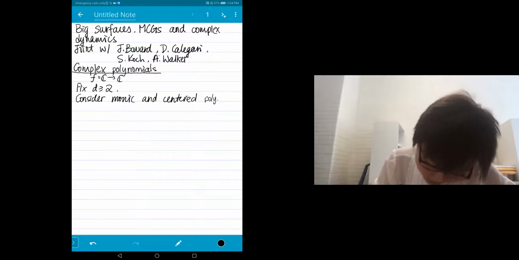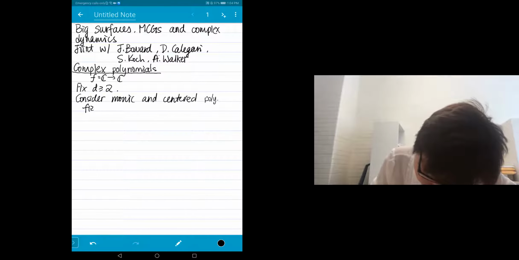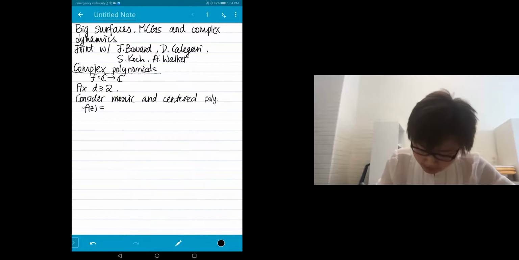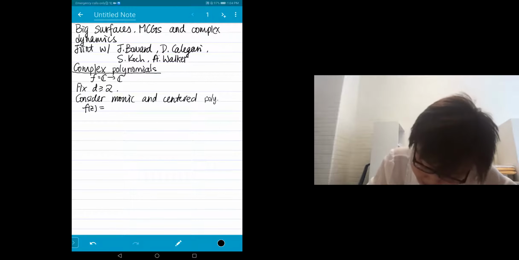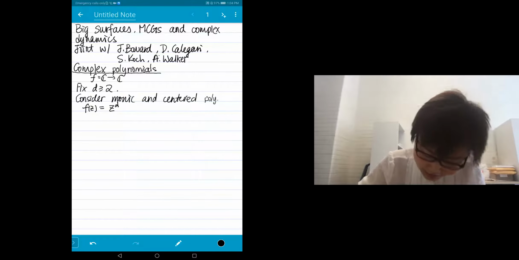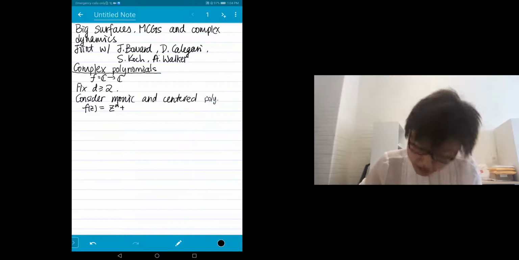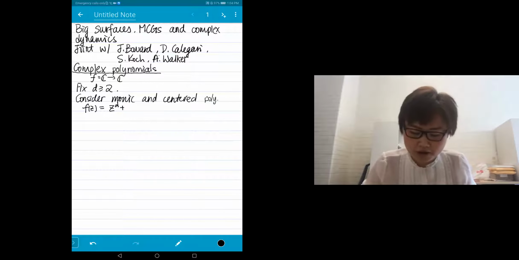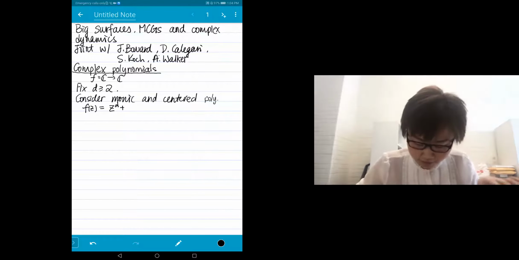So the polynomials are of the form that it is monic, meaning the leading coefficient is 1. So the highest degree term is z to the d, and centered means the roots of the polynomial add up to 0. That is to say, this polynomial does not have a z to the d minus 1 term.